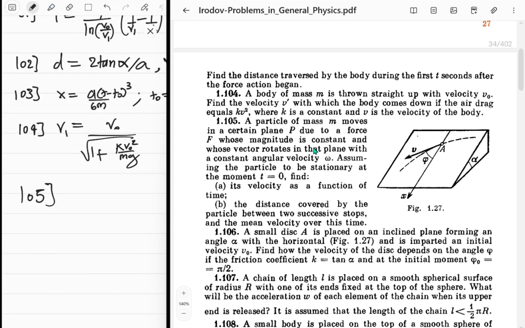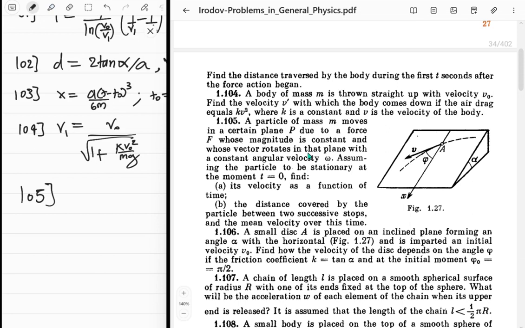Oh, so F is, okay. Assuming the particle to be stationary at the moment t is equal to 0, find its velocity as a function of time and the distance between the particle between two successive stops.